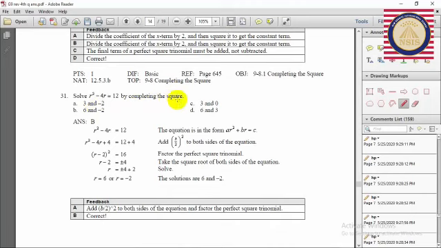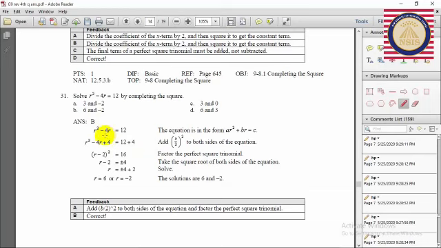Let's see here. By completing the square, you are going to make some steps. Do you remember the steps? What we're going to do with the steps? We're going to get the value of B over 2 all power 2, and add it to both of the two sides. What is the B? The B is negative 4.